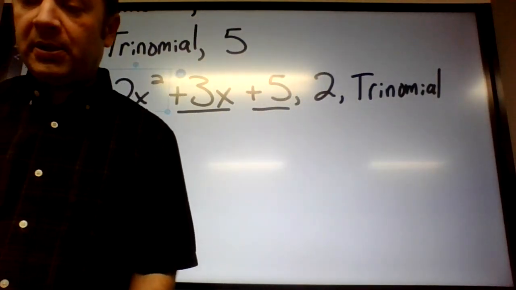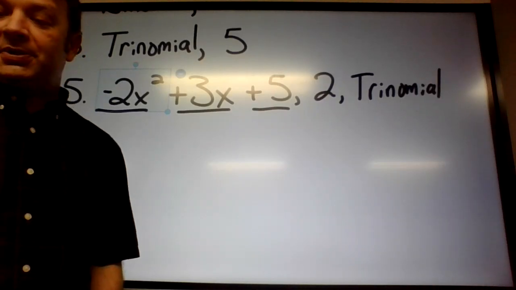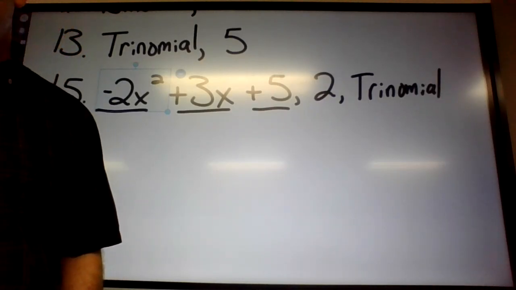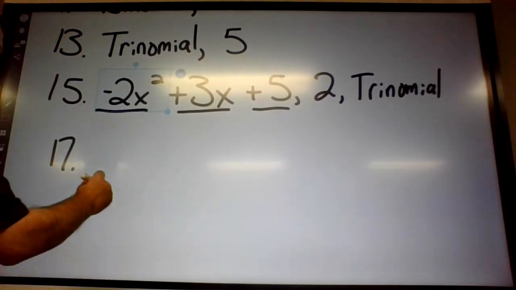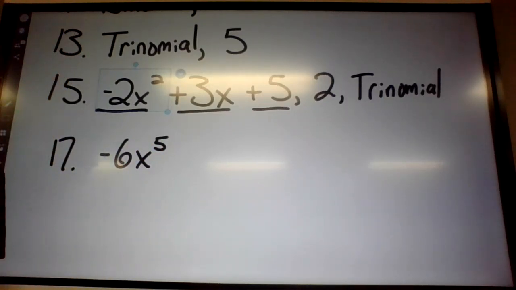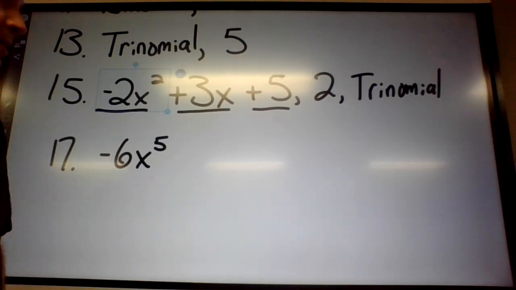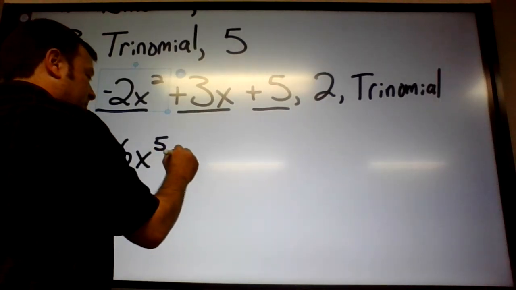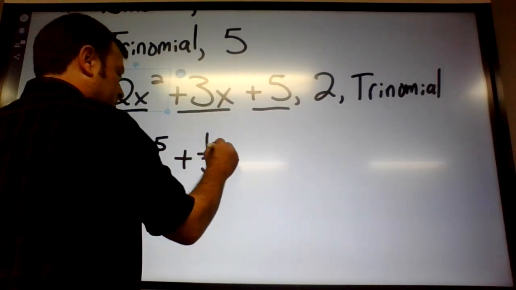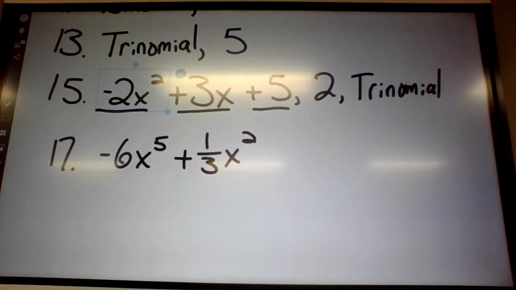All right, 17. So what do you guys think should go first on 17? That is correct. Negative 6x to the fifth, largest power. Then followed by, yeah, and the 1/3 is positive, so we're going to put plus 1/3 x squared minus 4x.